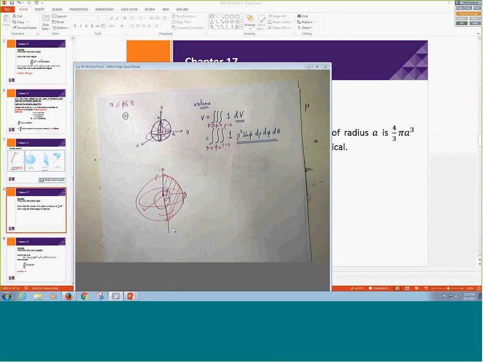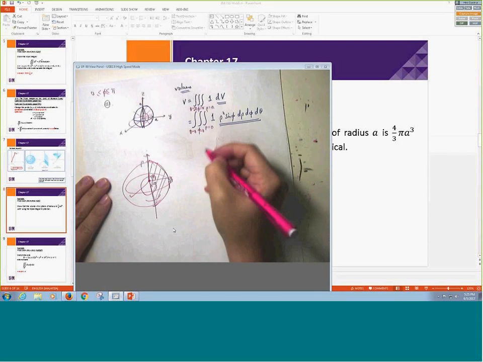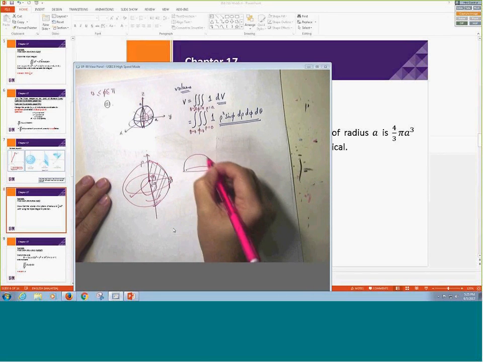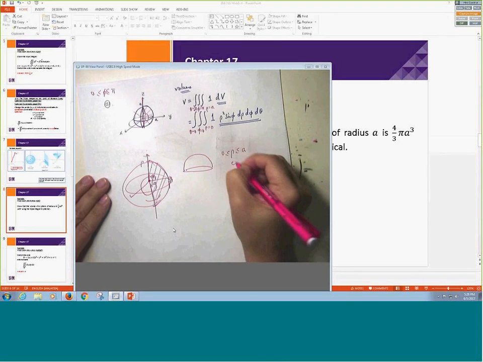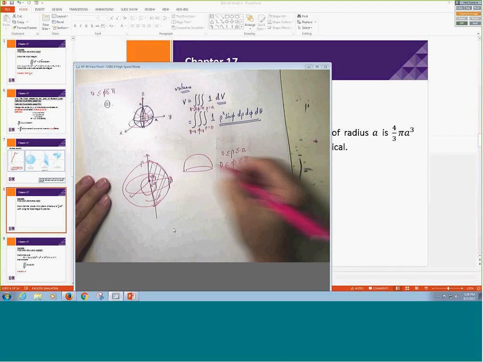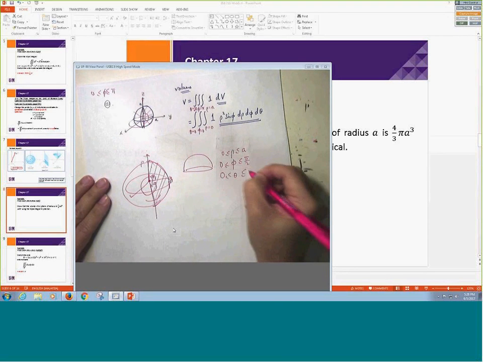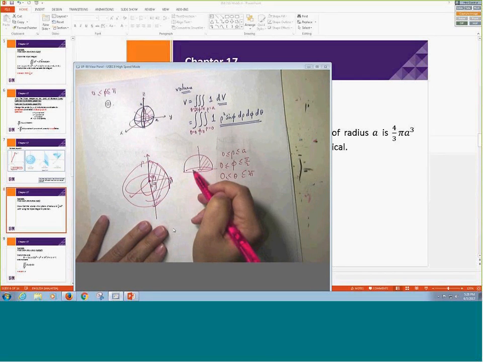Okay, if it is a hemisphere, then rho is from 0 to A, phi from 0 to pi over 2, and theta 0 to 2 pi, because you cover until here and you turn the whole round.